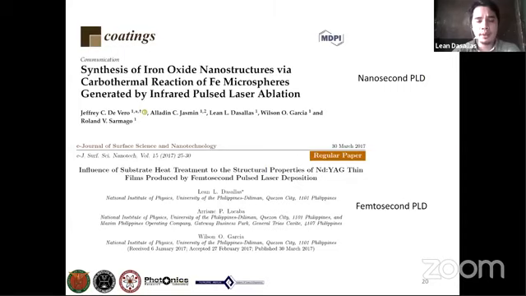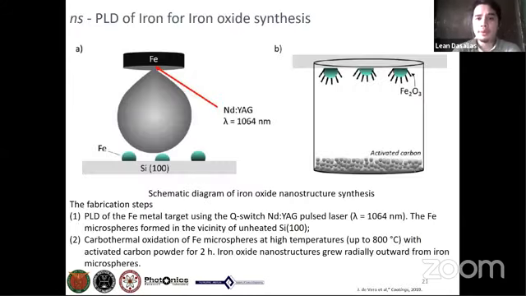Now, in the presentation today, I will focus on the two recent publications of our group in PLD. The first one uses nanosecond PLD. This one uses Nd:YAG laser to do ablation, and on the other one, we use femtosecond pulse laser in the deposition. Let me focus first on the nanosecond PLD.